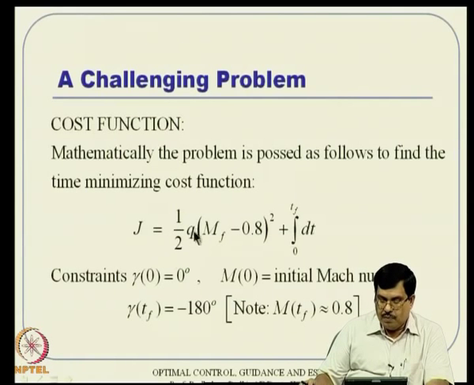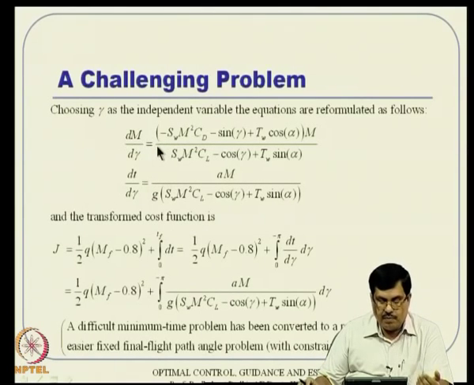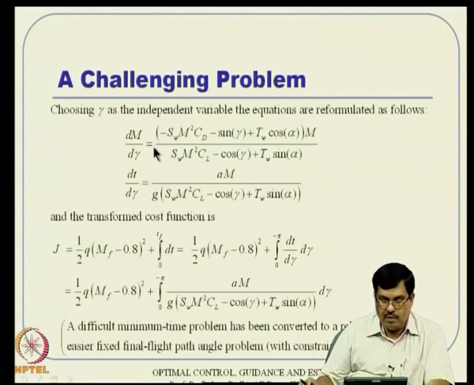Okay. But if k goes to higher and higher values, then MF will go closer and closer to 0.8, and this part will guarantee that minimum time is there, that TF minus 0, that is TF, has to be minimum. But this is done in a little bit clever way. Instead of tau as the independent variable, we can think of gamma as the independent variable, and first write dm by d gamma, dt by d gamma like that.